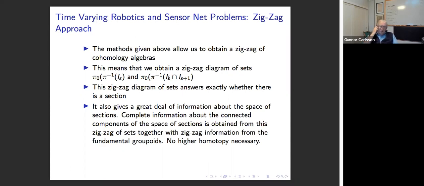Now, a second point, coming back to the original motion planning situation: there one might very well want to understand higher dimensional cohomology, in particular H upper 1 and H upper 2.